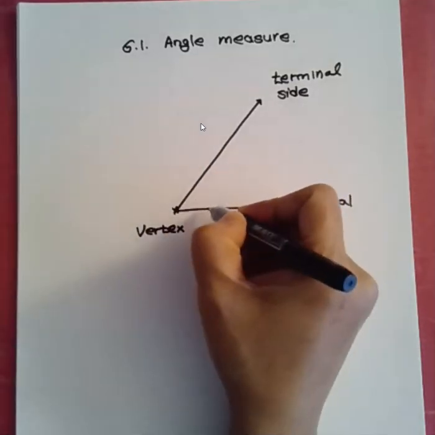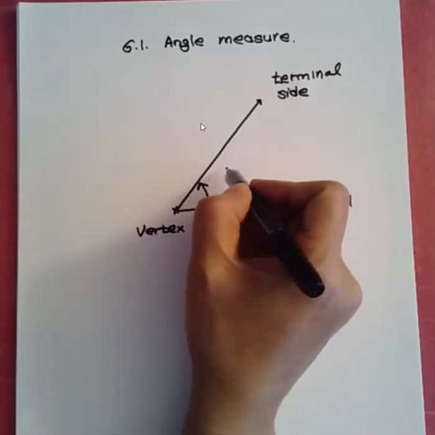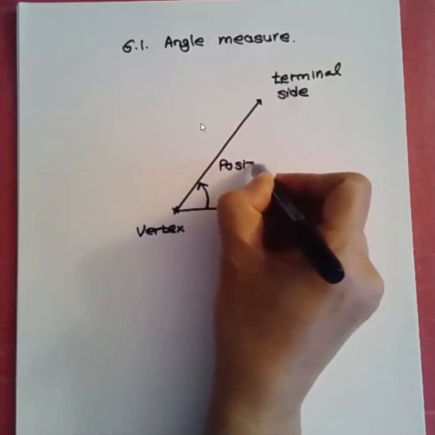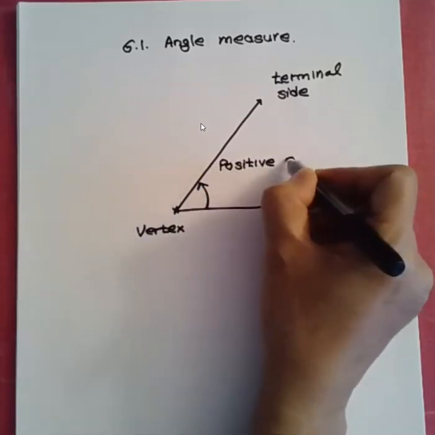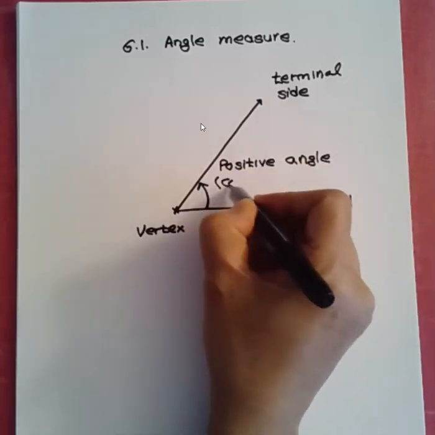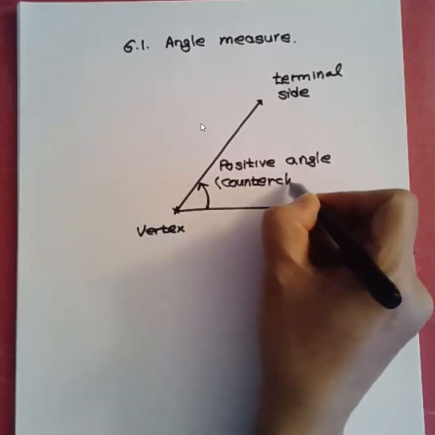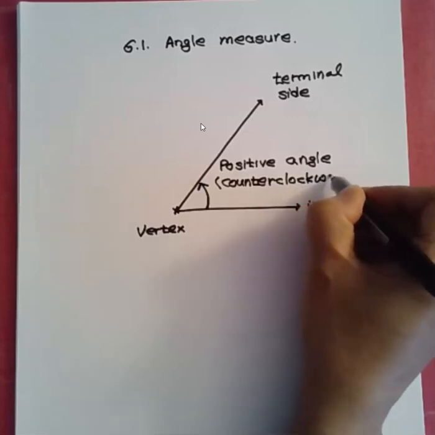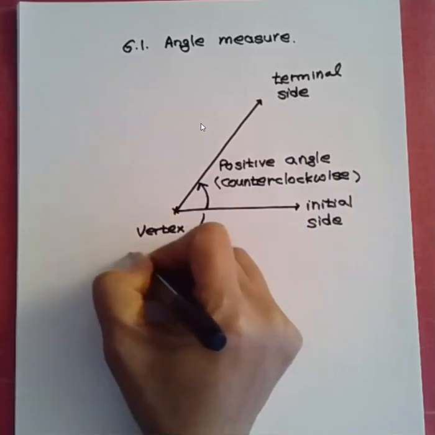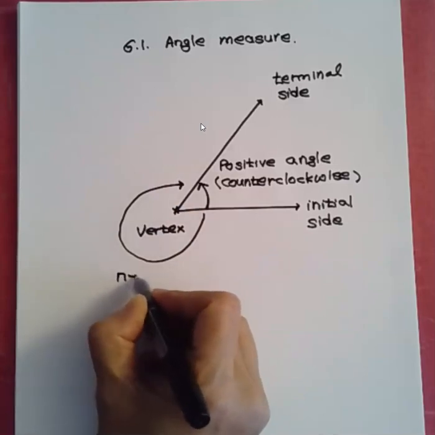If you rotate the initial side to get to the terminal side counterclockwise, then that angle is called a positive angle. If we rotate clockwise, the angle is called a negative angle.